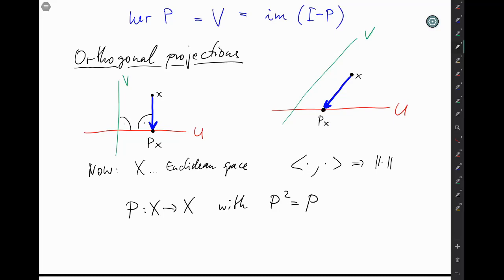Well, also that is possible, and all you have to do is to expect that P is also equal to P star, the adjoint operator, which we've been introducing before, and which exists now because we are now in a Euclidean space. So while this equality guarantees you the projection property, that one will guarantee the orthogonality.